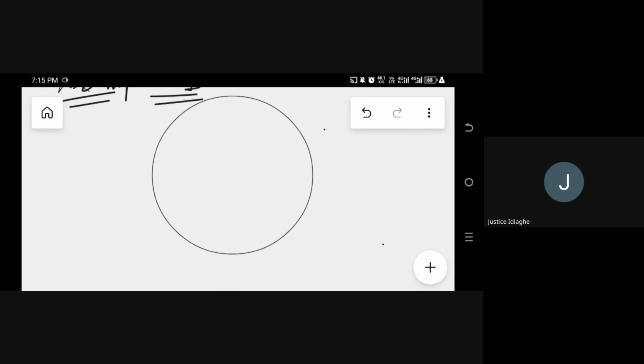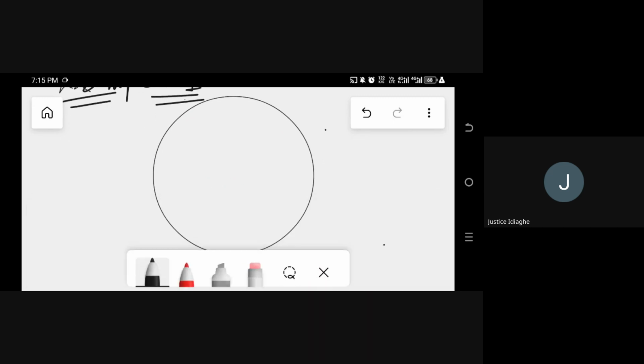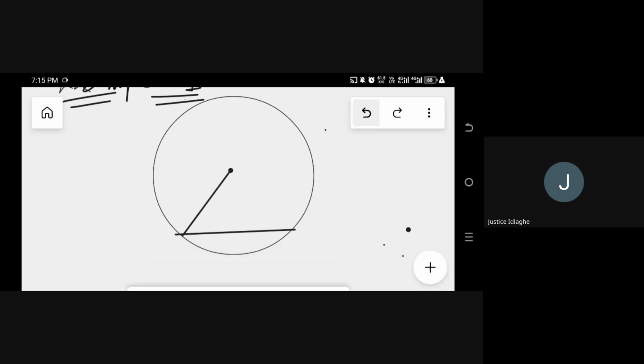Okay, so let's say this is a circle as we've always done, and this dot there is the center of the circle, and I have a diameter. This isn't drawn to scale though. Okay, I think this is better.